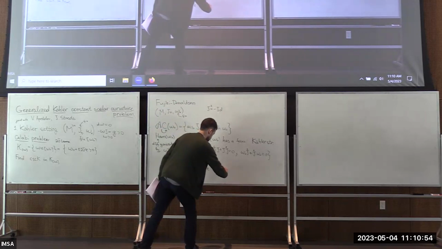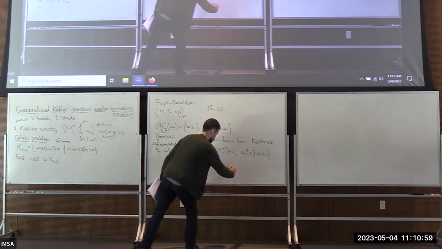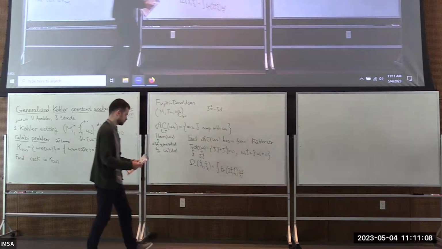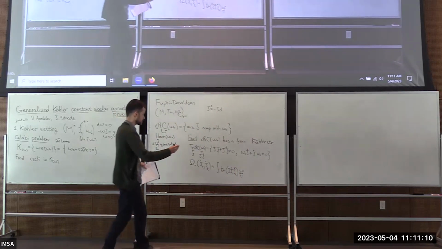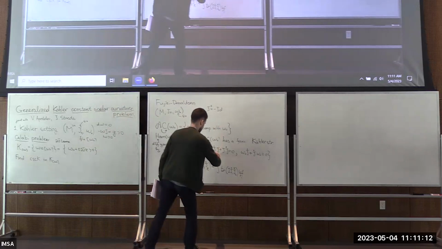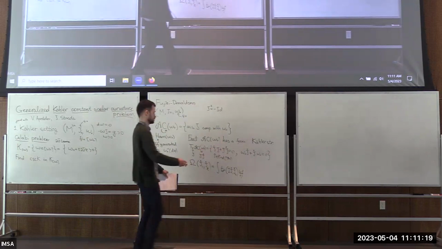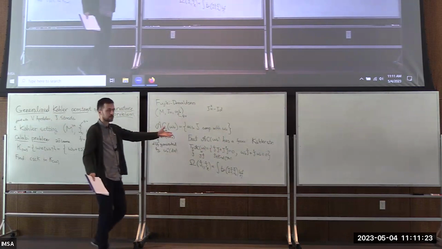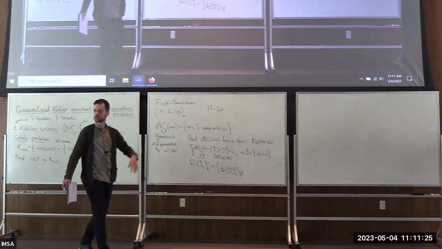It's the trace of J1 dot J2 dot, and you integrate it over your volume form. Maybe I should say that here J dot is an endomorphism of the tangent bundle, so all these traces make sense. All right. So it's a formal Kähler structure on some infinite dimensional manifold.